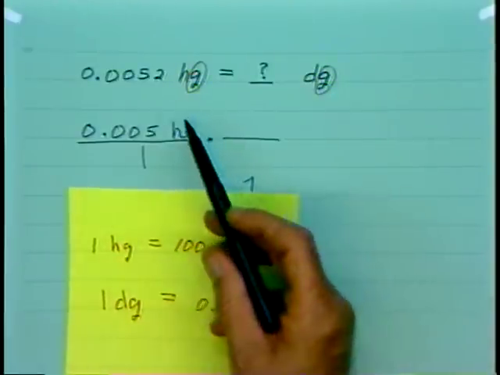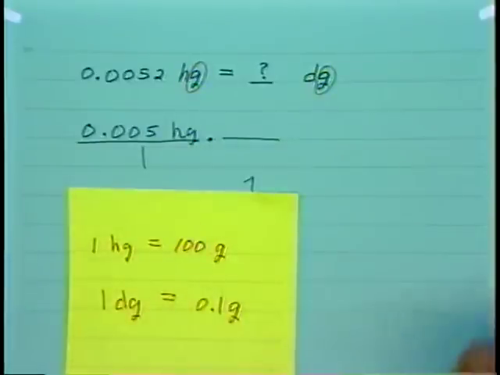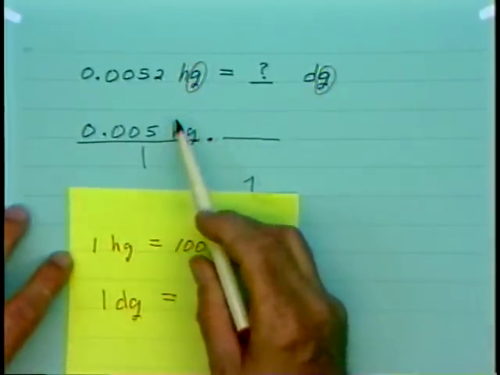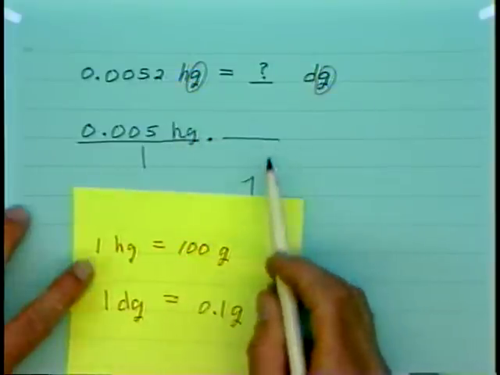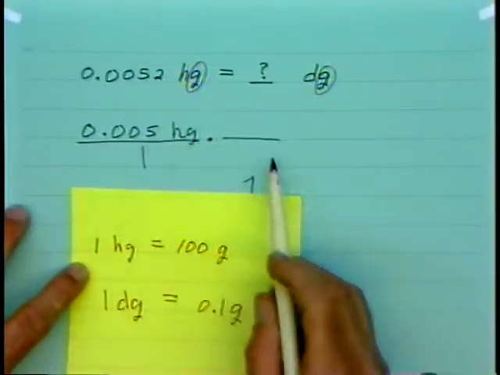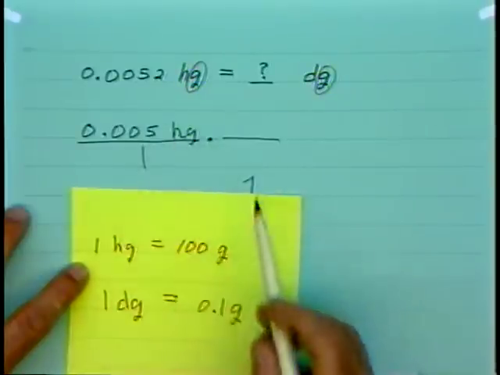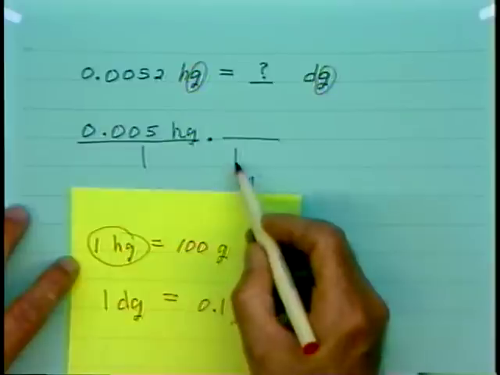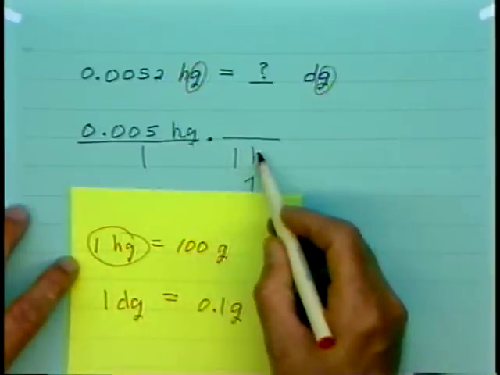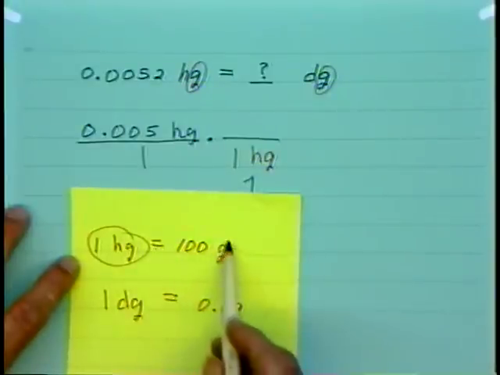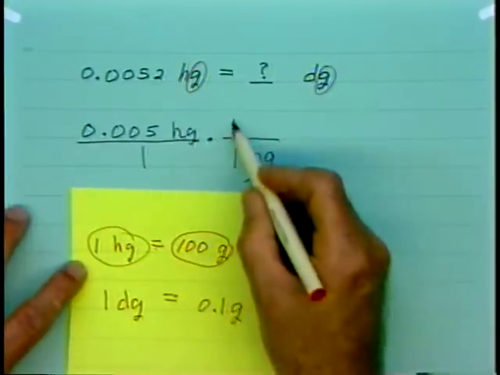We concentrate on what I want to get rid of, which is Hg. So we find anything with an Hg and put it on the bottom, because we can only cancel top with bottom, or bottom with top. So here is an Hg, one of them, could have been anything. But now we must put an equal amount on top.